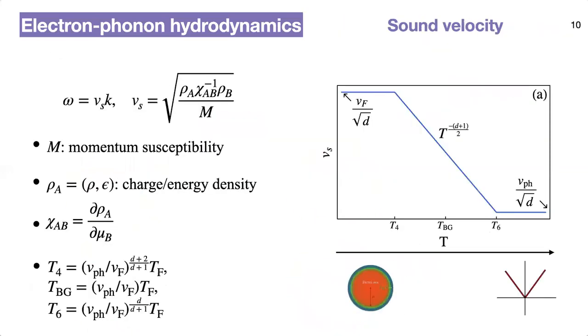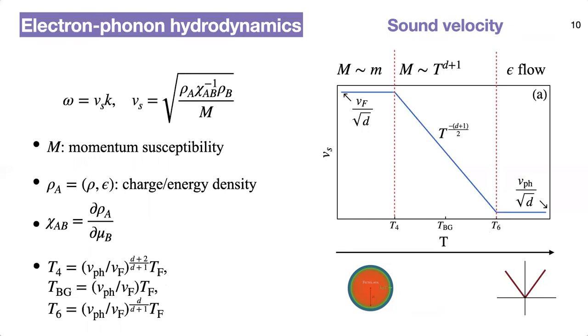Okay, equipped with this knowledge, let's look at the transport coefficients for the hydrodynamic equation. First, let's look at the sound velocity of the sound mode. The sound velocity is given by the thermodynamic quantities, and we see that in the intermediate temperature region it has a jump with respect to the temperature.